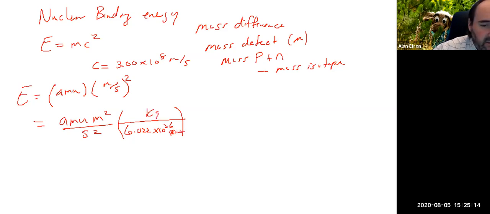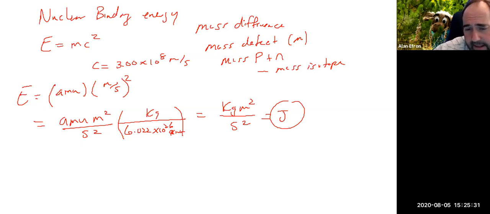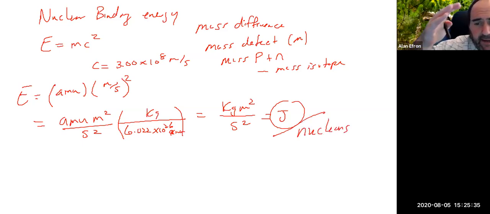And that will get us to kilograms meters squared per second squared, and that is a joule, which is a unit of energy. So this is one way that you can get to the binding energy. And usually when we do this, we divide it by the number of nucleons. That gives us the binding energy per nucleon.